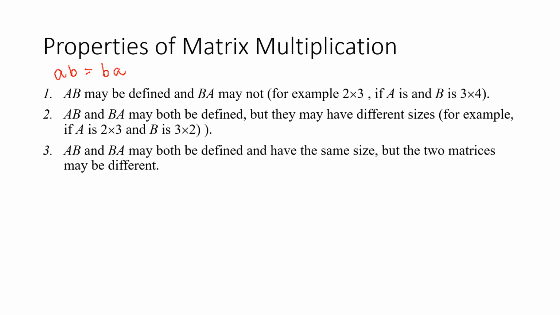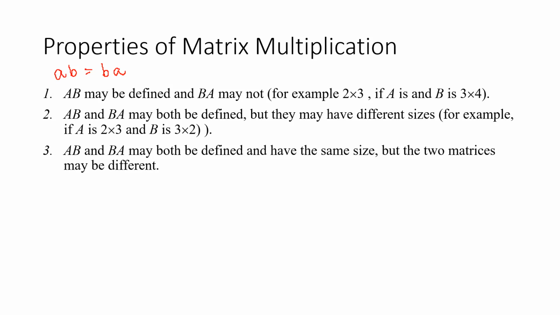In matrix arithmetic, the equality of matrices AB and BA can fail for three possible reasons. Number one, AB may be defined and BA may not. For example, if matrix A is 2 by 3 and matrix B is 3 by 4.